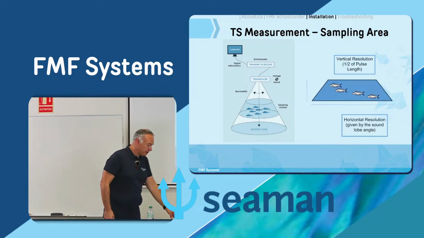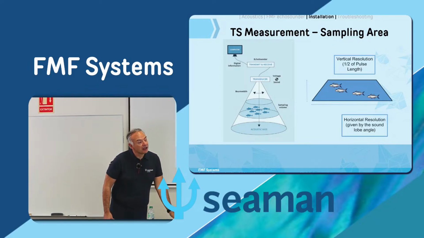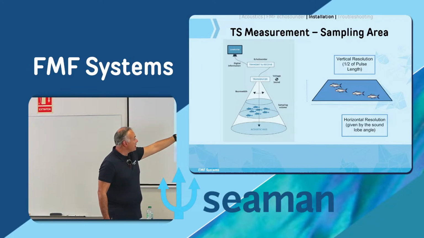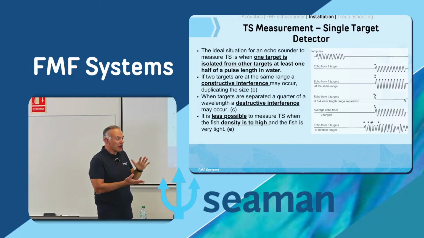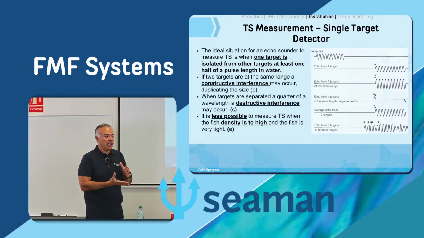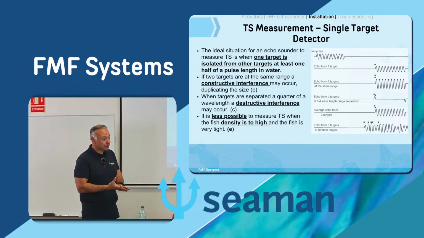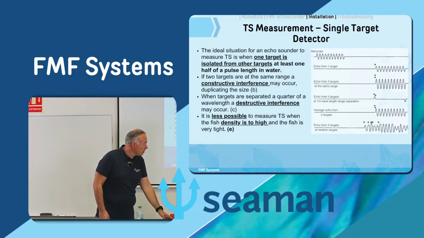I'm sorry? It will be less accurate. Yeah, of course. But remember, if the target backscatter doesn't meet the requirements of what you consider a measurable echo, the system will not count it.